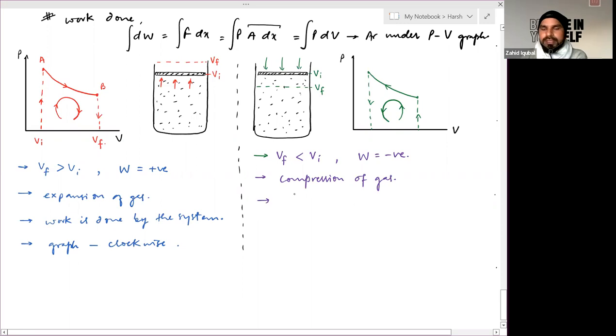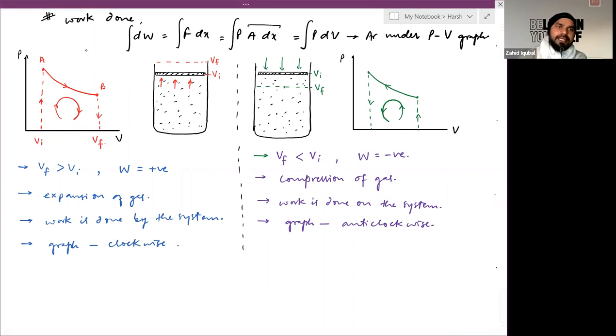Next, work is done on the system by an external agency. So we can say work is done on the system. And last, the graph or curve related to this process is in the anti-clockwise direction. Any doubt? No, sir.